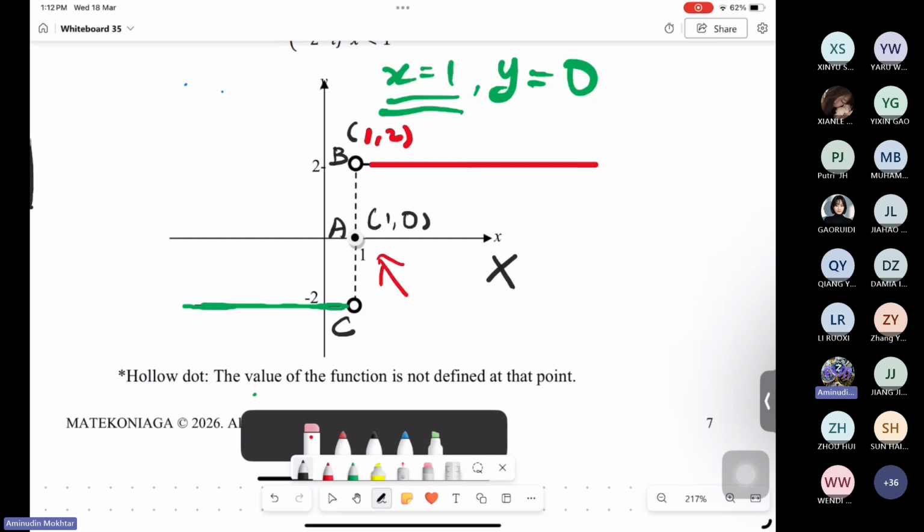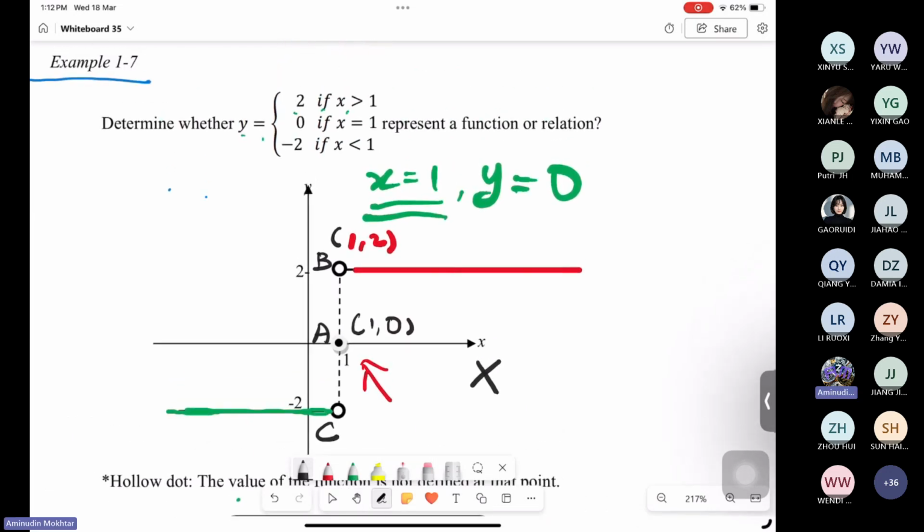Please refer to point B. At point B, there is a coordinate point, x equals 1, y equals 2. But based on this function, when x equals 1, y must equal 0, not 2. So that coordinate point does not exist because the values of x and y are not consistent with the function.